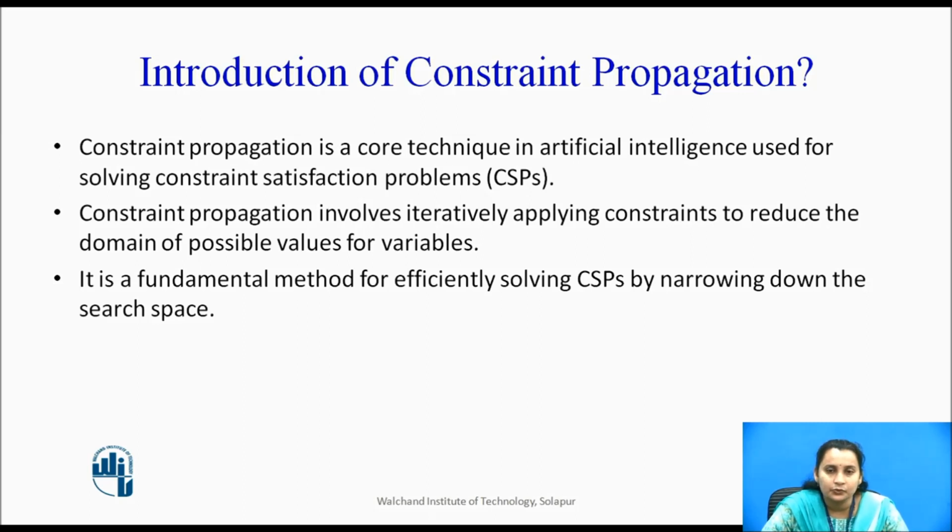This technique is used to solve basic artificial intelligence problems which are called constraint satisfaction problems. Constraint propagation involves iteratively applying constraints at every iteration for checking the variables. It is a fundamental method for efficiently solving CSP problems.